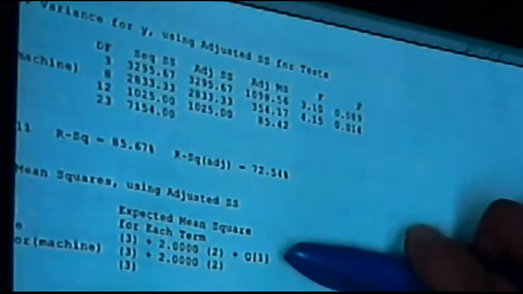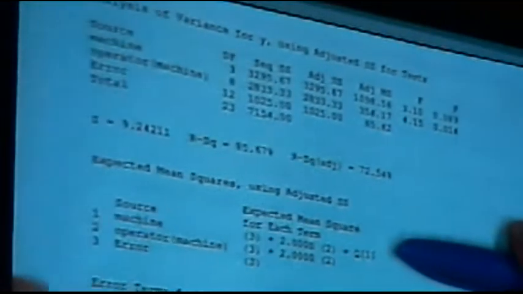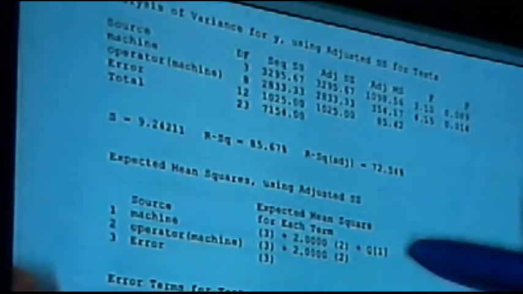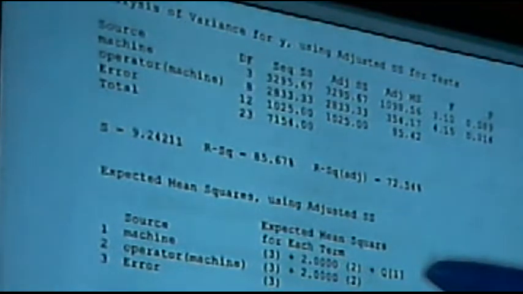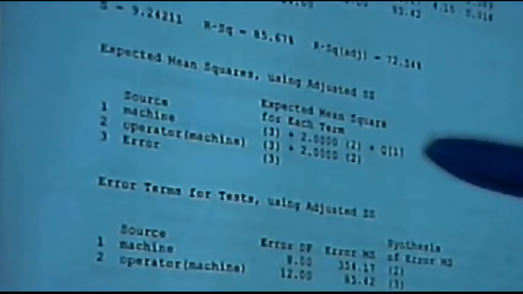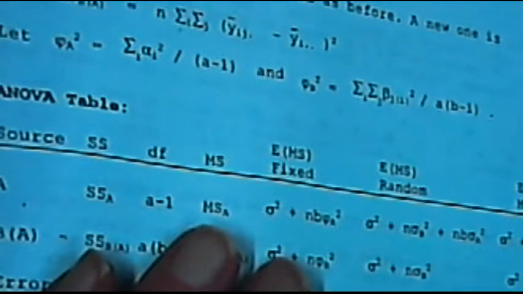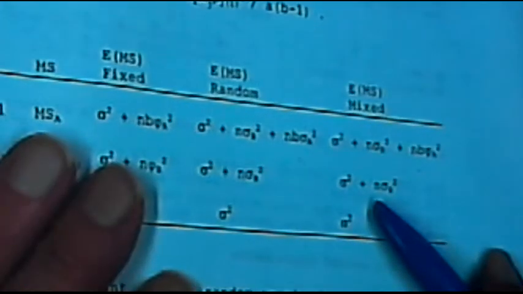Now here's a layout for the expected mean squares, and they should match up with the formulas that we had back on page 2. On page 2 we had these formulas over here. The n is the number of observations per cell, which is 2 in this example.